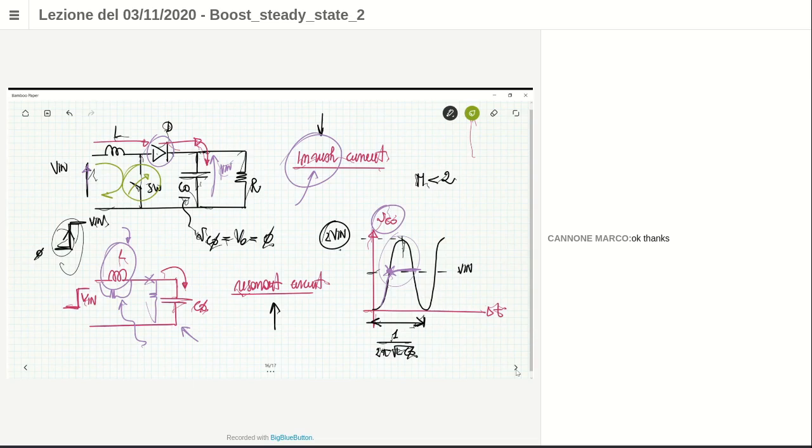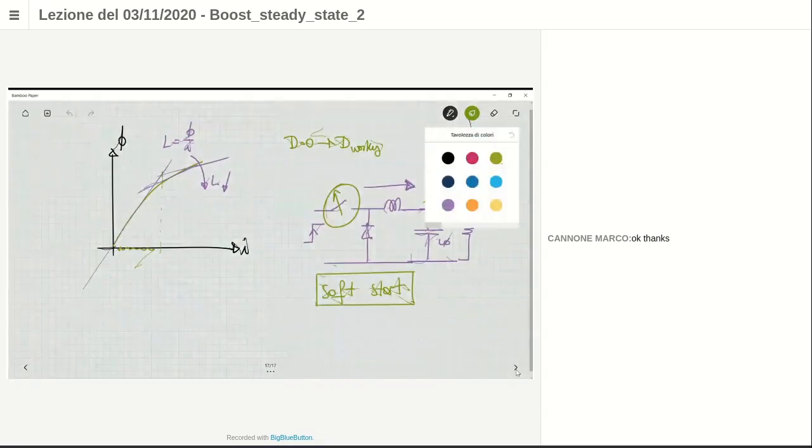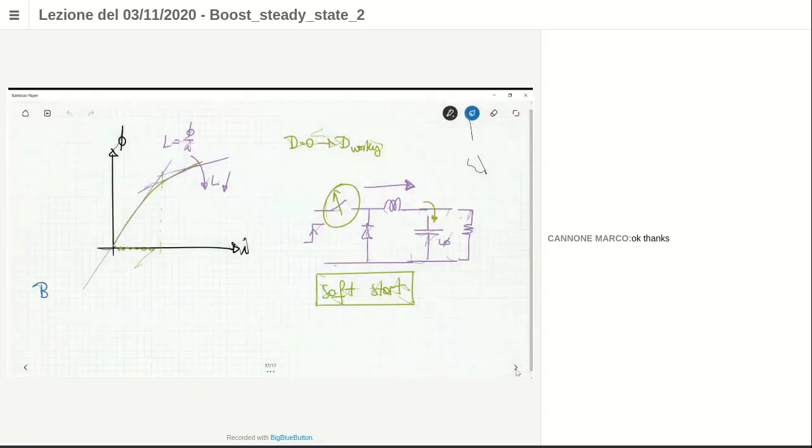And when the switch is open, it flows as I explained before. So the problem of the inrush current is an issue in the boost converter. So another thing that I can state is that the buck converter can manage inrush current.